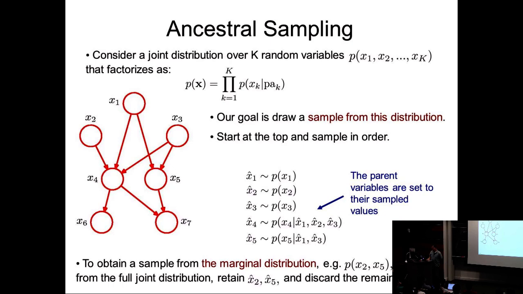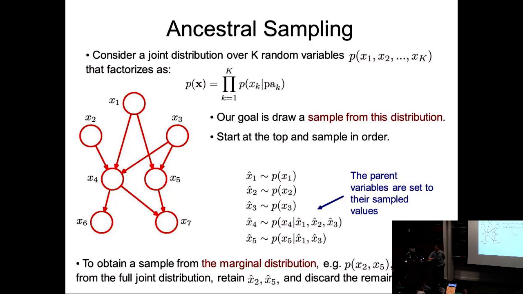So let's say you have a joint distribution of k random variables, right? I specify this joint distribution. I specify the priors, all the conditionals, right? So I actually know what this form is. We want to be able to draw samples from this distribution. How would you do that? Well, in this case, it's actually pretty easy. You start at the top, you sample in order.